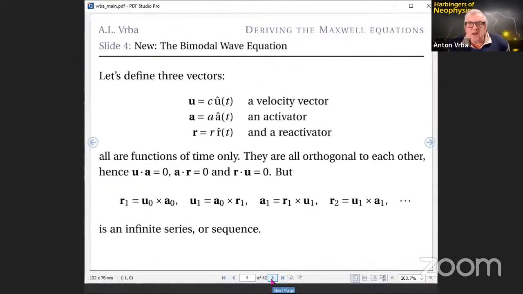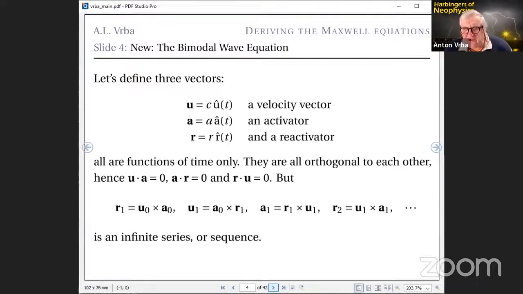So now let's define three vectors: a velocity vector, which has a scalar and a unit vector in time, an activator, which is again a scalar times a unit vector in time, and a reactivator. Basically, they're all orthogonal to each other.